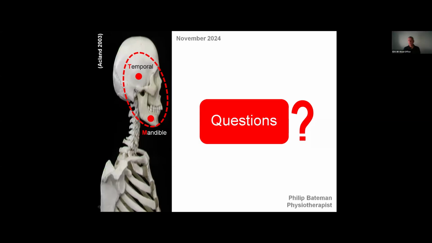So, regarding the overbite, there's two terms that we all get mixed up, clinicians and physios. One is the overjet, which is, I've got a skull here.